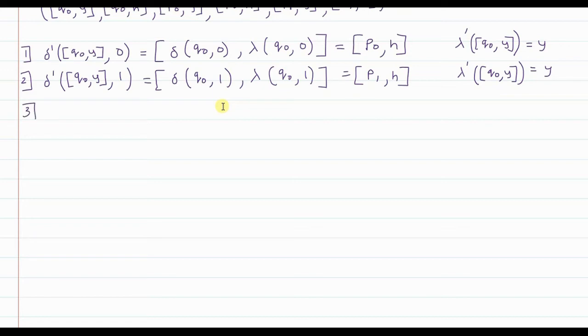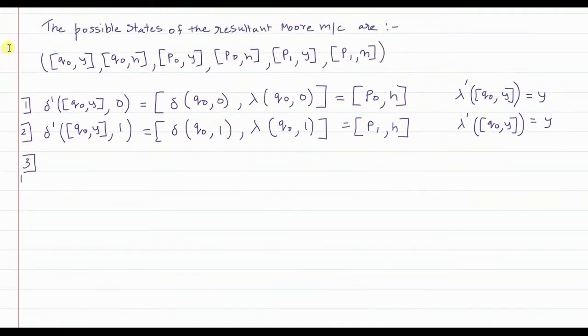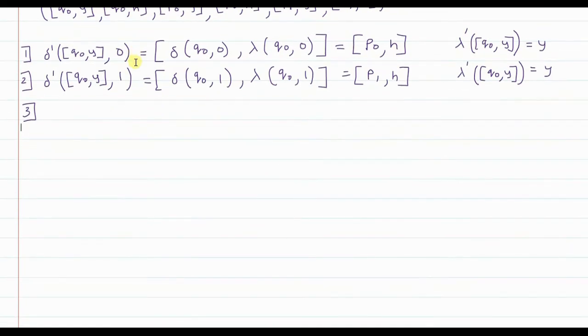So what we have done is we have seen this particular state Q0 y on input 0 as well as on input 1. Now the same procedure you have to repeat for the second state. We are going to find out del dash of Q0 comma no on 0 and on 1. Third, del dash of the second state Q0 comma no on reading 0, and fourth, del dash of the same state Q0 comma no on reading 1.